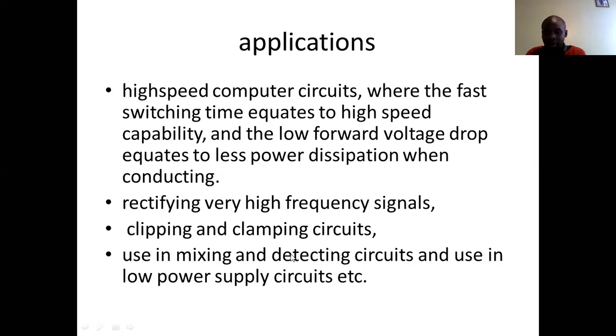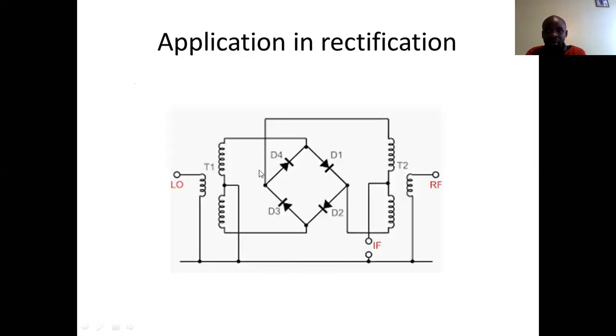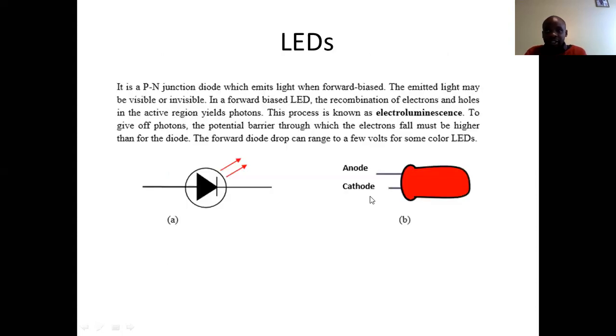So they have a number of applications, and we can remind ourselves of the way the usual diodes do rectification. The Schottky diodes can also replace the normal diodes here to do rectification, converting from AC to DC. And then we're also going to look at the light emitting diodes.